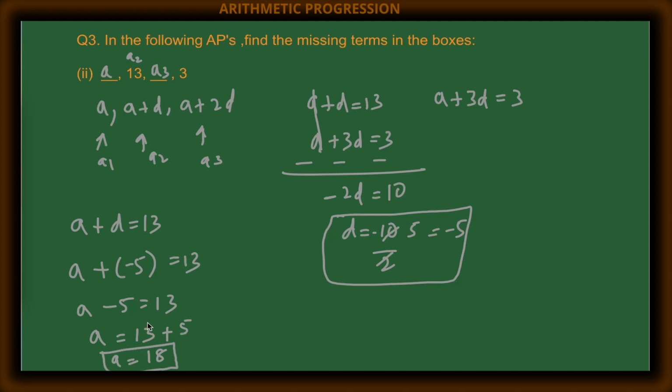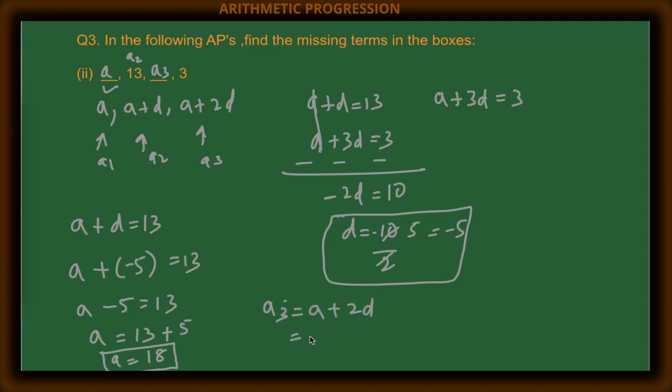Congratulations, you got the first number. So you have got the first number A. And now A3. How do you find A3? A3 is equal to A plus 2D.